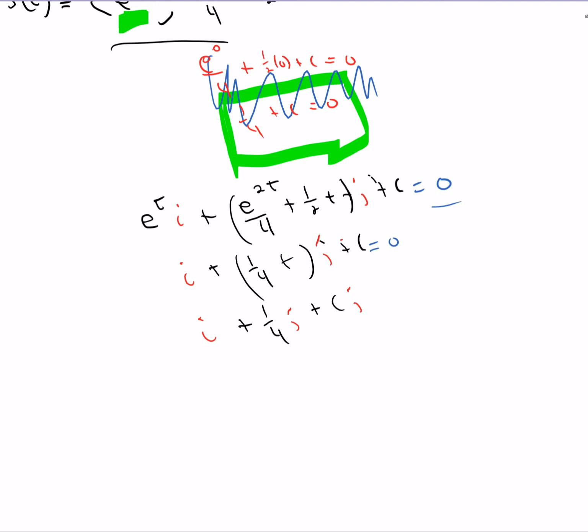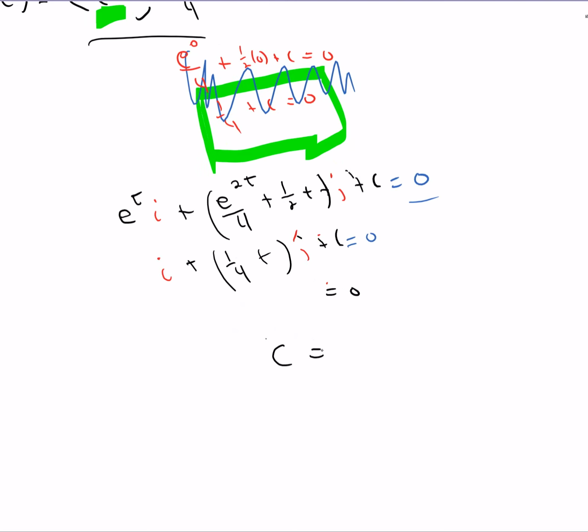So when we do this, we don't have to distribute it in. We can simply subtract i on both sides and subtract 1/4 j on both sides. And so we're going to get c equals negative 1/4 j minus i, which we usually write the i first, so it's going to be negative i minus 1/4 j.